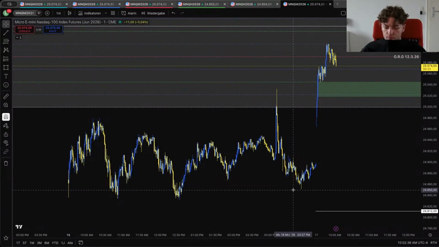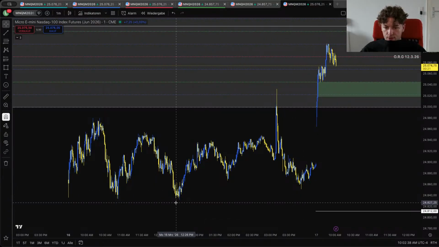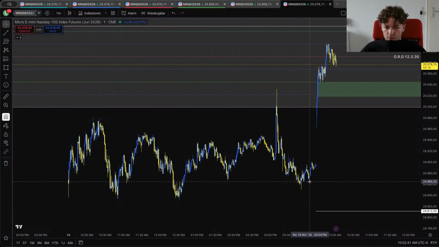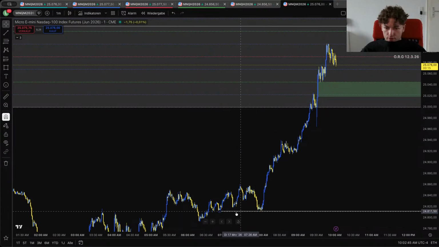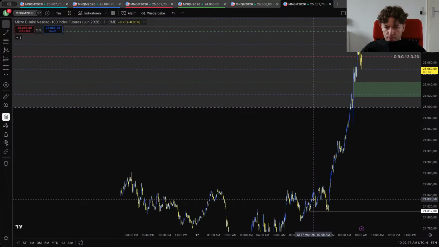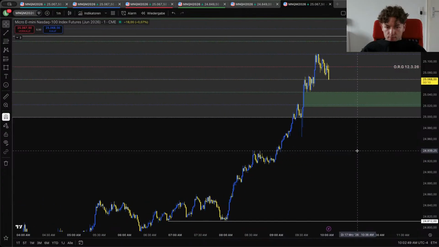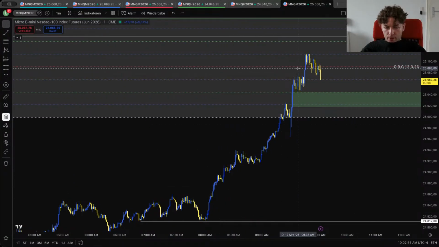Not only on the opening range gap chart do we have relatively equal highs, but also on the regular trading hours chart. So we definitely have some beautiful sell side, but price is just too far away in my opinion.